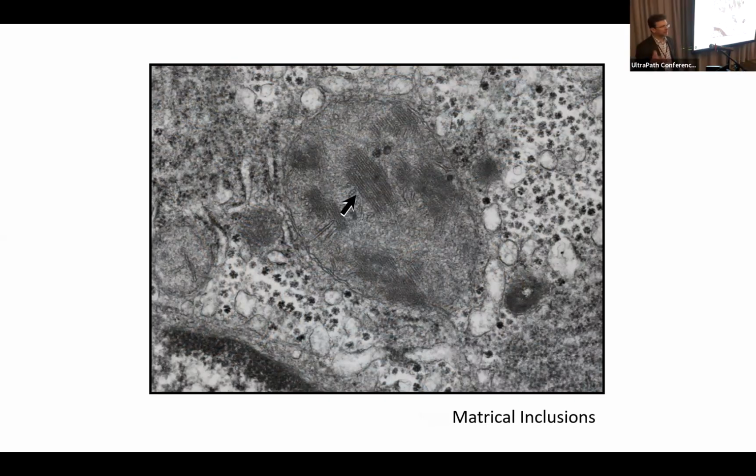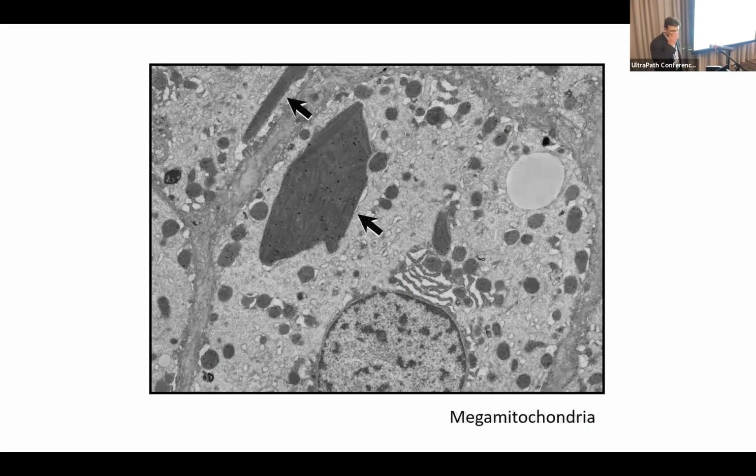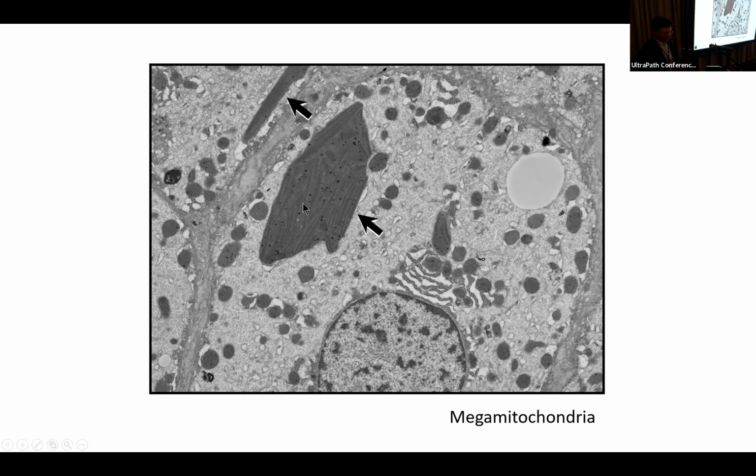Whenever we see them, we regard them as evidence of some kind of metabolic disturbance. And sometimes it can get really out of whack, where some of these mitochondria hardly resemble mitochondria anymore. Here they can be extremely large and misshapen.